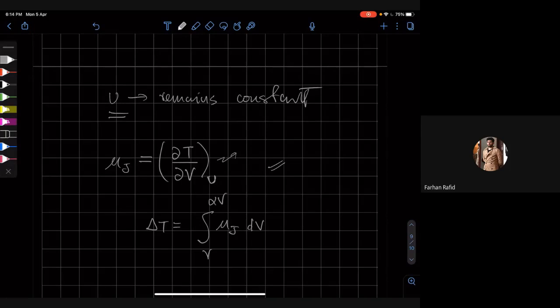If you can calculate this, you're going to get the same change in temperature as in Joule expansion, okay? So what's the derivation for this? The temperature change in terms of the Joule coefficient? I mean, this is the definition of the Joule coefficient.